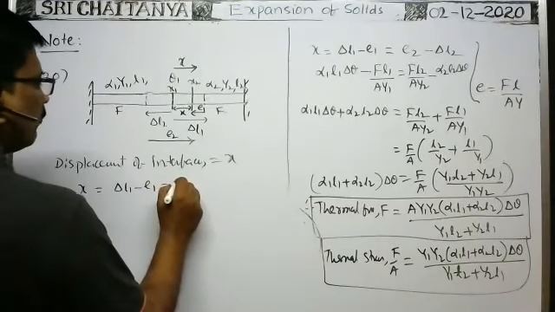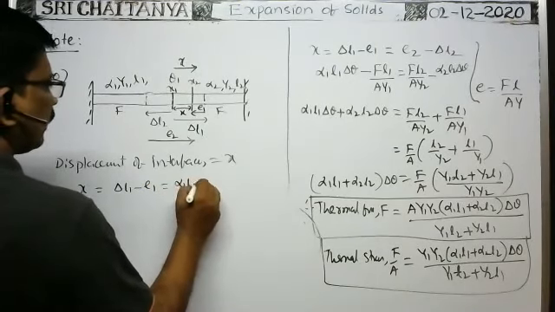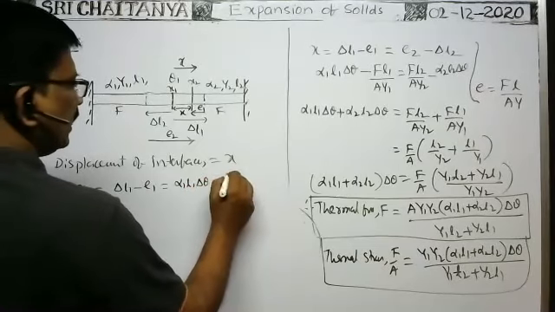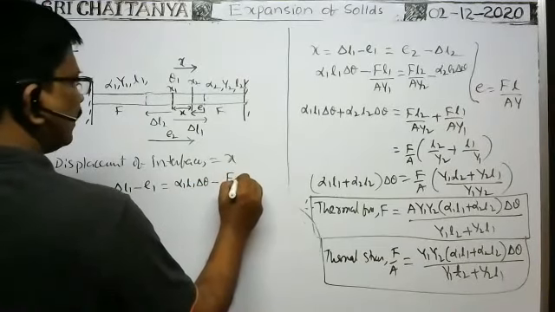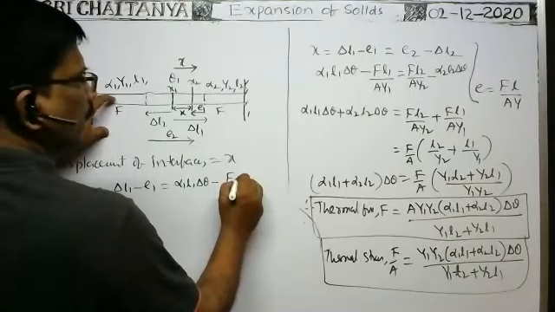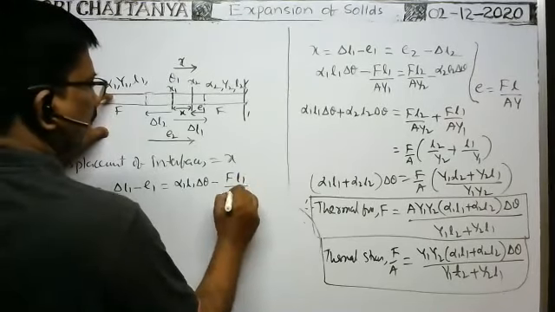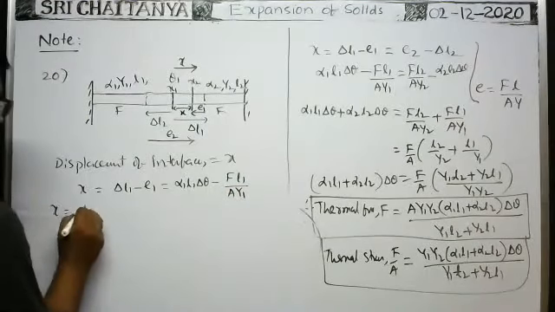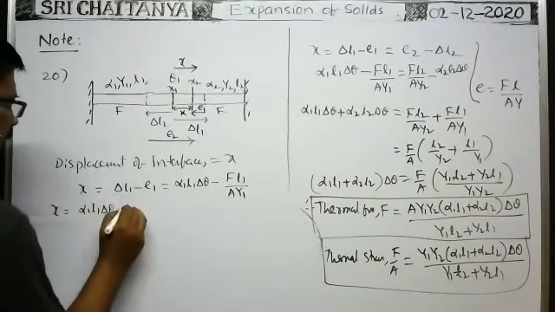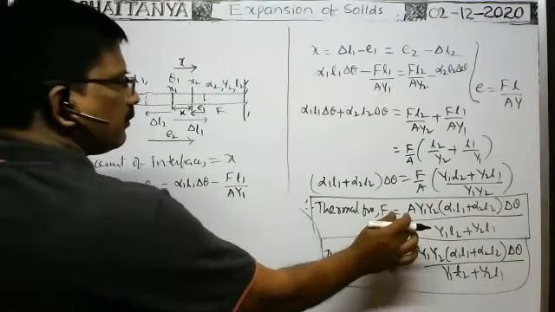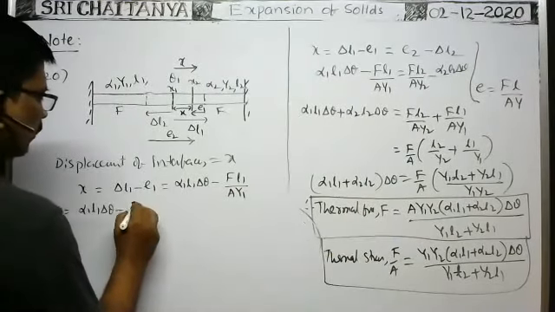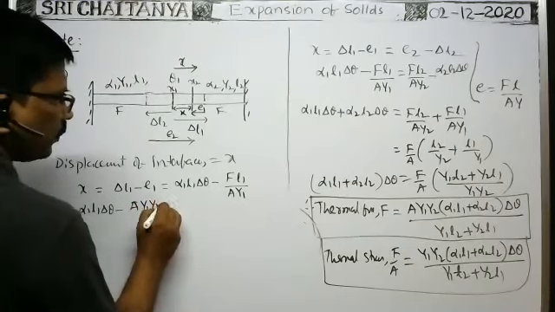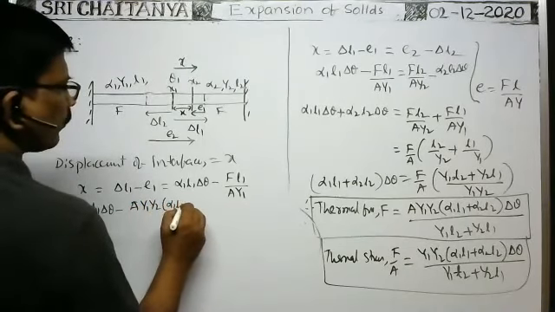Delta L1 we can write as alpha 1 L1 delta theta. E1 means F into length of the rod L1 by area of cross section A into Y1. Therefore x is equal to alpha 1 L1 delta theta minus F, where we substitute A into Y1 Y2 alpha 1 L1.